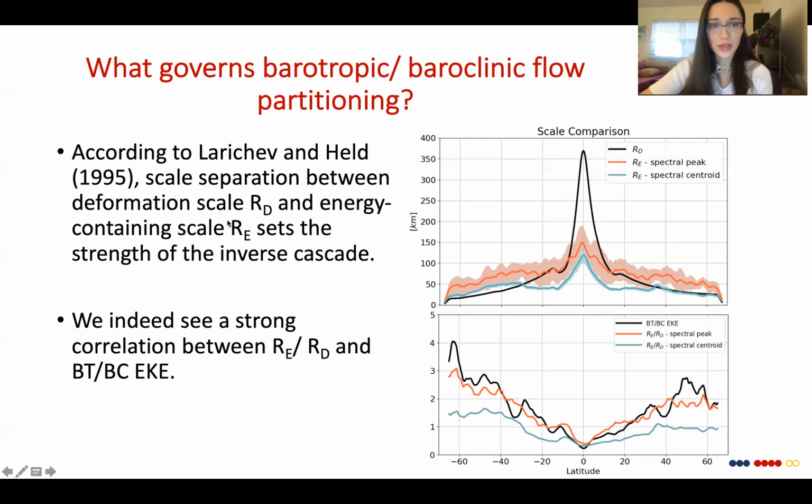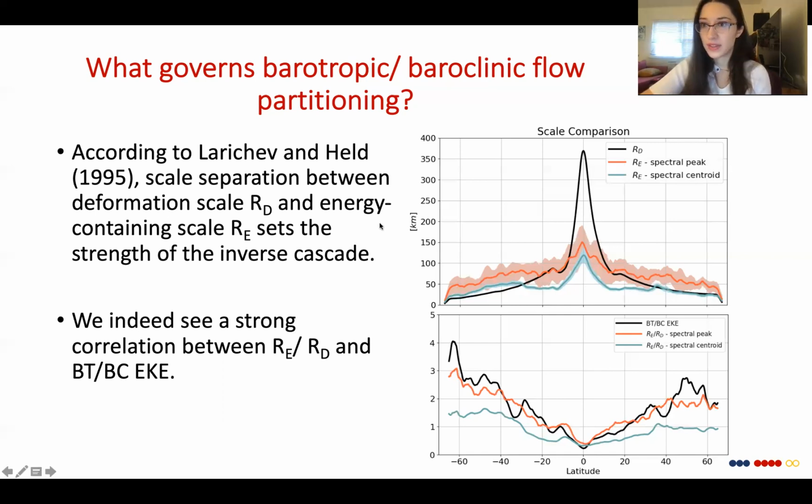So if we consider this as a ratio of the energy containing scale to the deformation scale, so RE over RD, the larger this ratio, the greater the extent of the inverse cascade. And so we can imagine that the greater this ratio, the more barotropization the flow can undergo. And so a greater amount of energy will end up in the barotropic component.